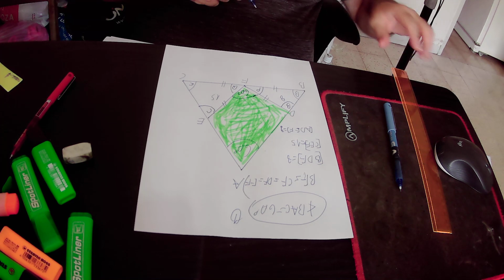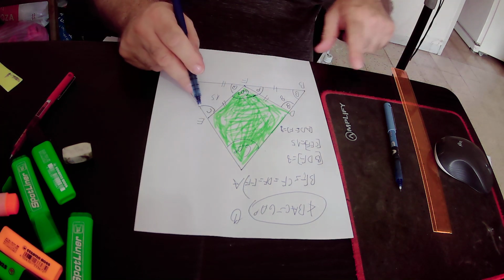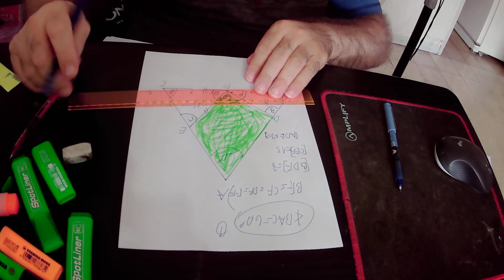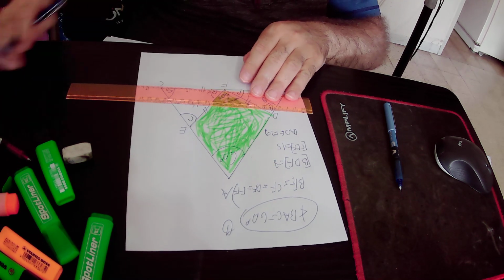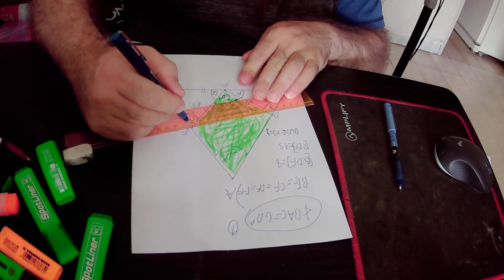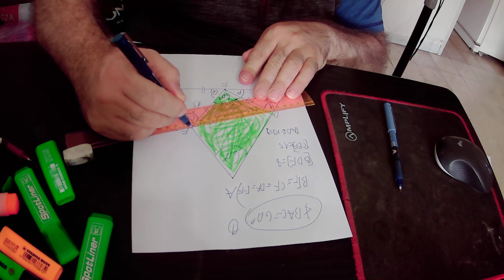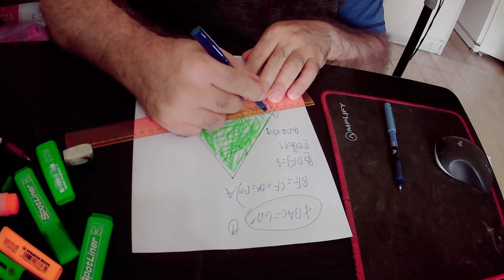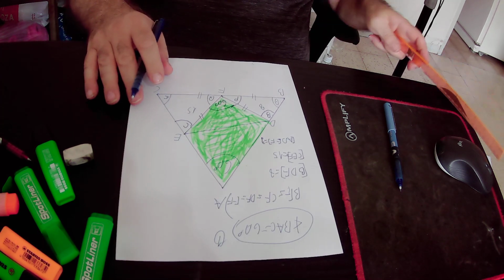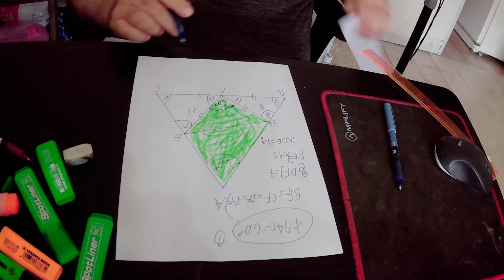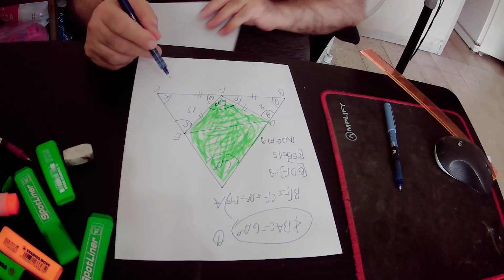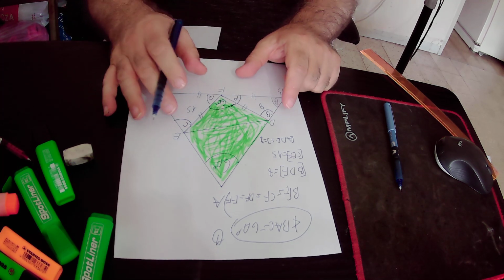In the next step, we will connect together points D and E by a straight line. Actually, in triangle DFE, we have two sides that are equal to each other.